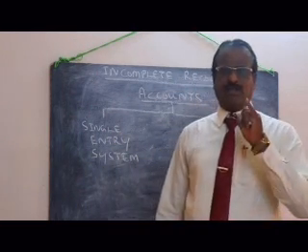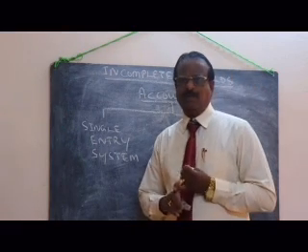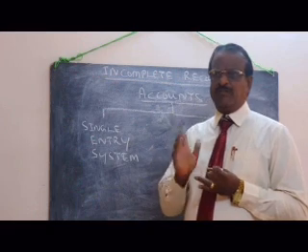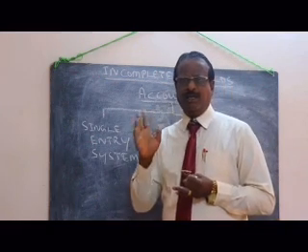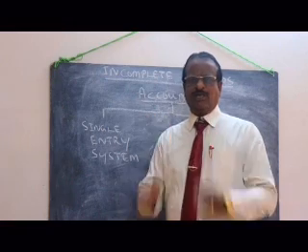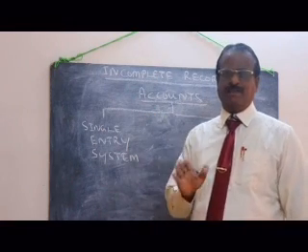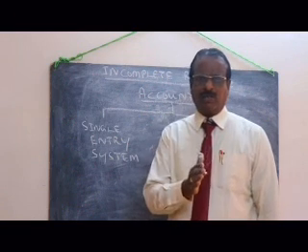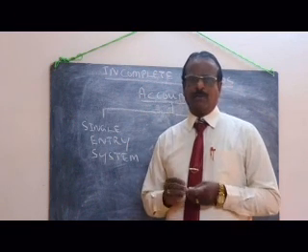The second limitation is difficulty in preparing trial balance. It is very difficult to prepare a trial balance. The reason is they maintain only two accounts, that is cash account and personal account.